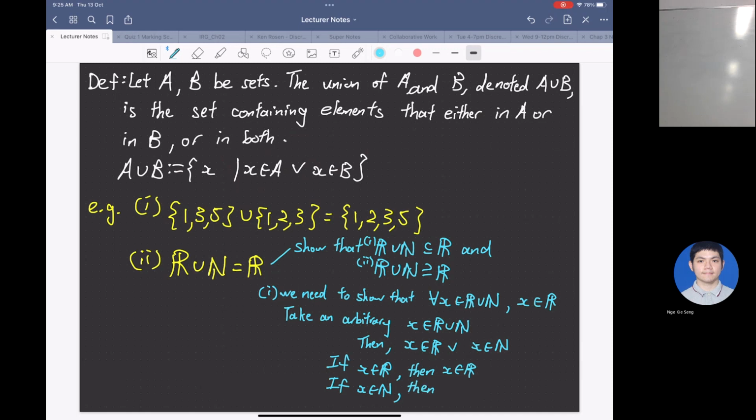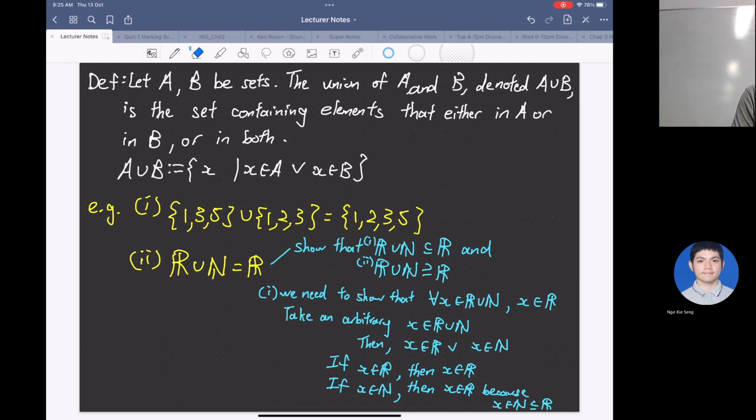Then x is also in R. Why? Because N is a subset of R. So in either case, x is in R.